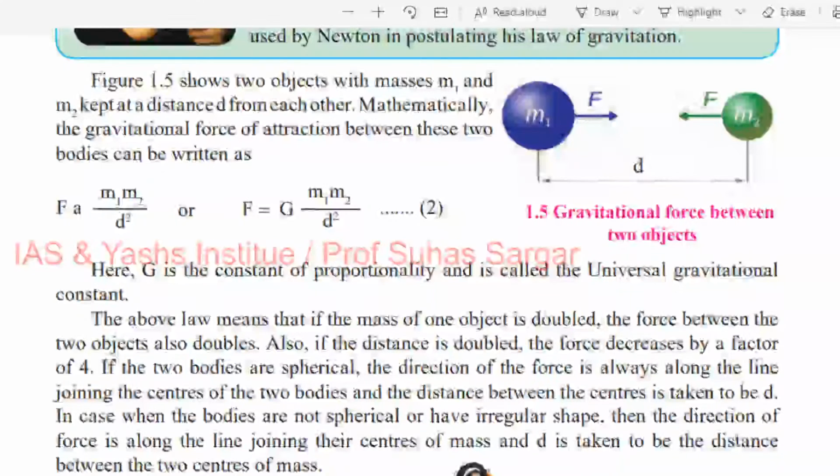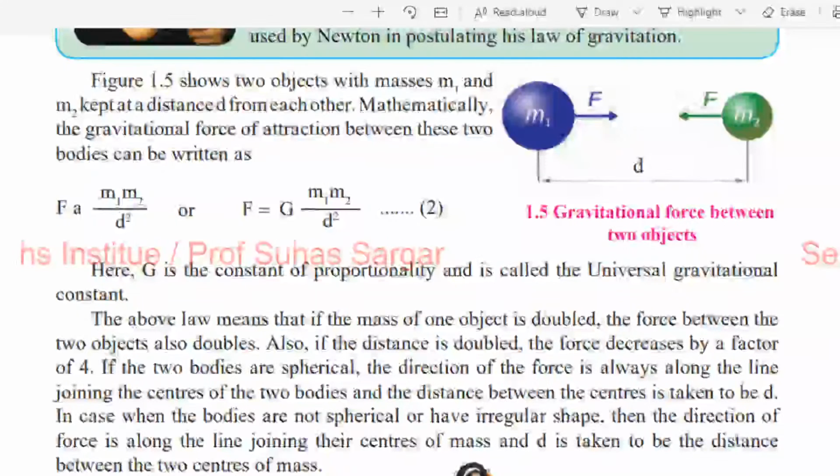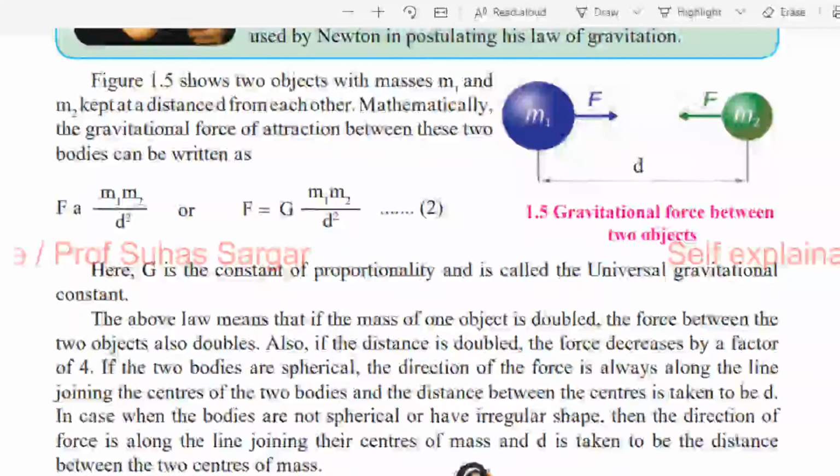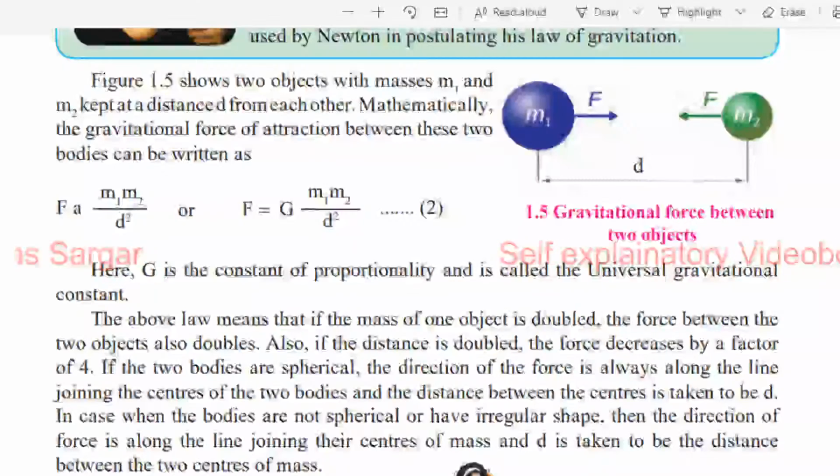If the two bodies are spherical, the direction of the force is always along the line joining the centers of the two bodies, and the distance between the centers is taken to be small d. In case the bodies are not spherical or have irregular shape, then the direction of the force is along the line joining their centers of mass, and small d is taken to be the distance between the two centers of mass.